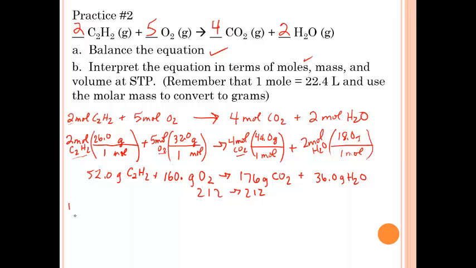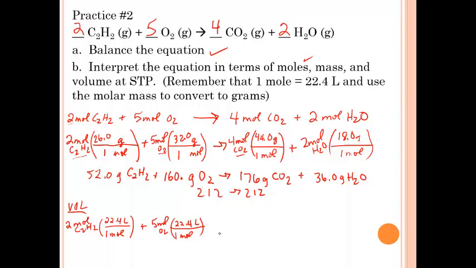Now let's do volume. Okay, we didn't do volume on the previous screen, but to set this one up, it's going to look similar to what we've already done. So we have 2 moles of the C2H2, and we know that for every 1 mole, because we want moles to cancel, we get 22.4 liters. And so for every single one of these, you are taking the amount of moles of O2 here, and we're converting 1 mole into 22.4 liters.